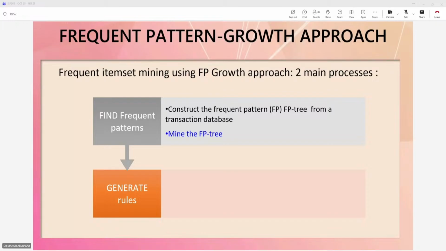Maybe out of 3 items, 2 items are bought at the same time by a high number of customers. This is what you call the frequency. The one with the highest frequency means those items are being purchased by many customers in that supermarket.